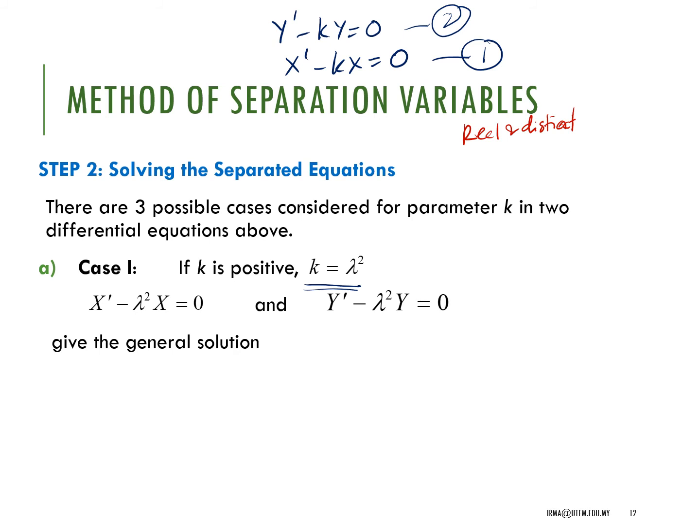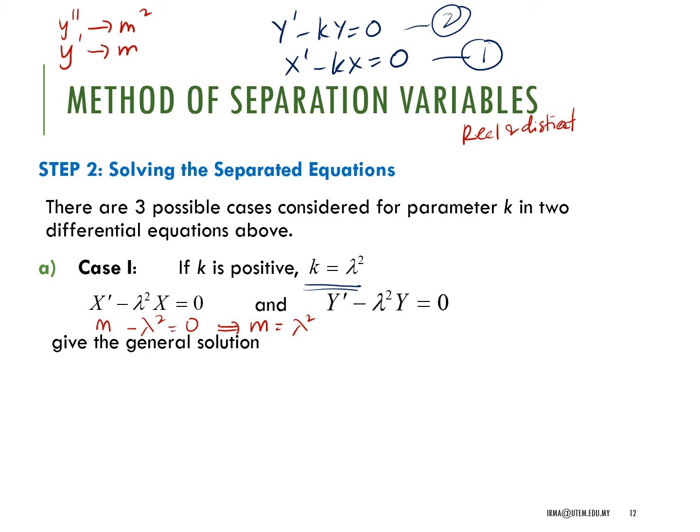For a first order differential equation, how are we going to find the roots? It's actually the same. If you write in terms of m, you will get m minus lambda squared equal to 0, and therefore our root is only one, which is lambda squared. This is just a substitution: if you have y double prime, you change it to m squared; if you have y prime, you change it to m; and if just a constant, you just put the constant there.